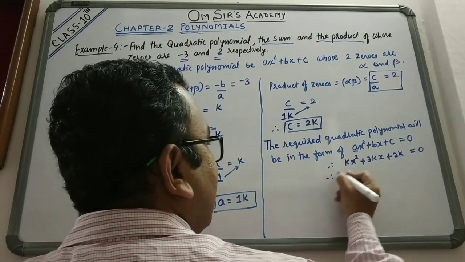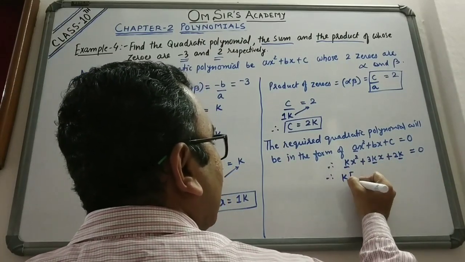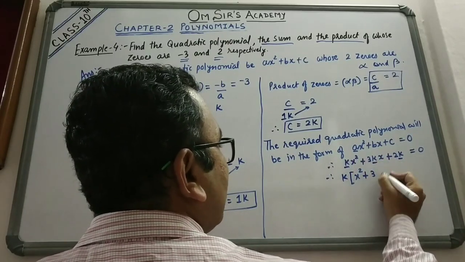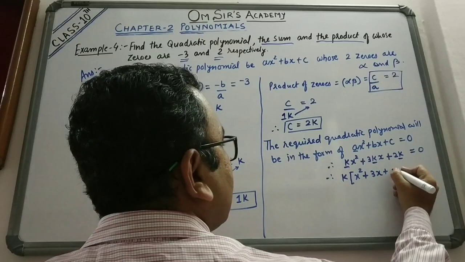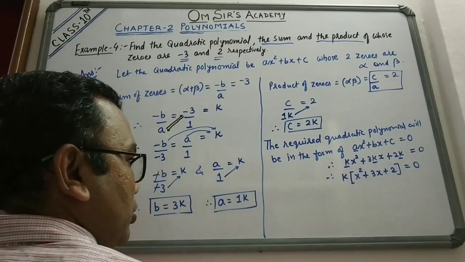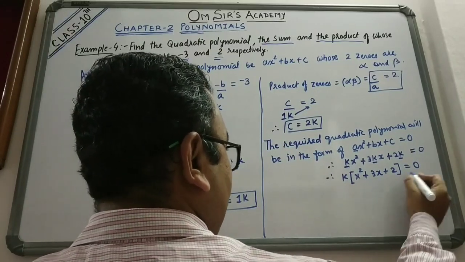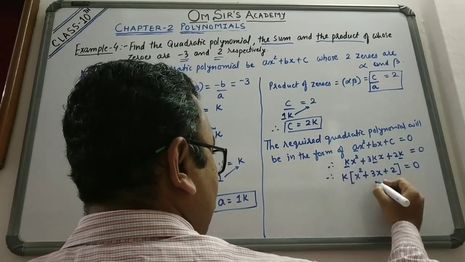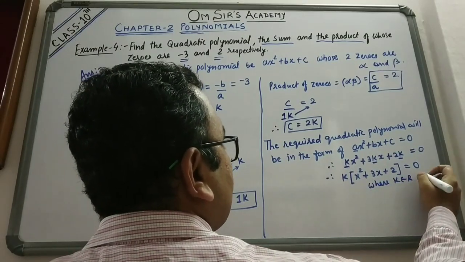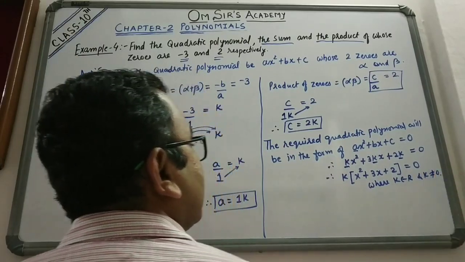So in this case if I take k as common, what will remain inside the bracket? x square plus 3x plus 2 equals 0. Is it clear? So this is my required quadratic polynomial, where k belongs to real constant numbers and k is not equal to 0.